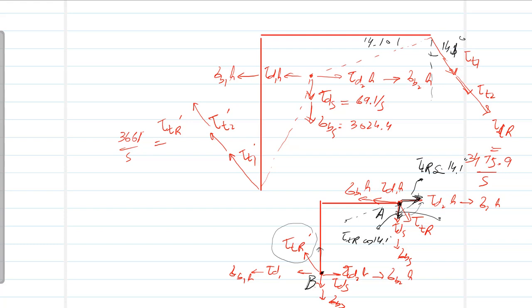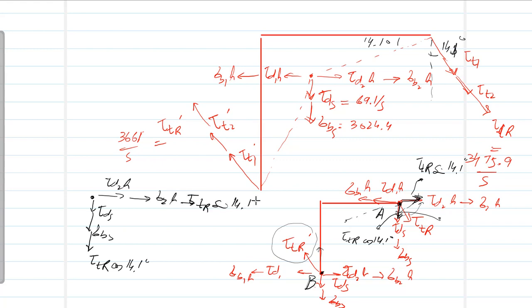So if I draw the vectors again, this is tau ds, this is sigma bs, this is tau tr cos of 14.1 degrees, this is tau d2h, this is sigma b2h, and we have tau tr sine of 14.1 degrees.